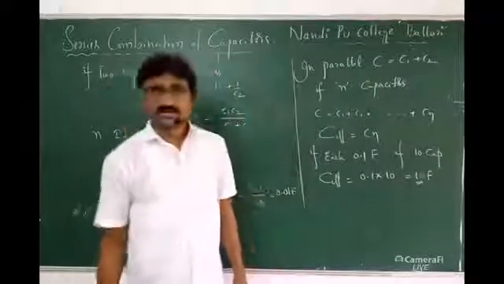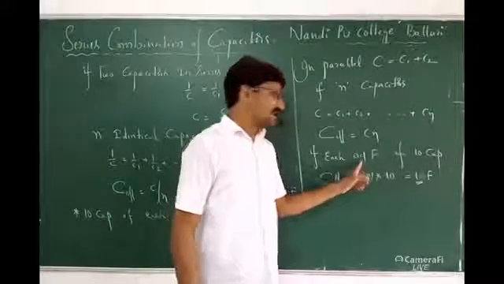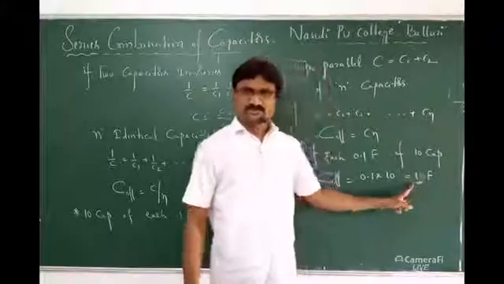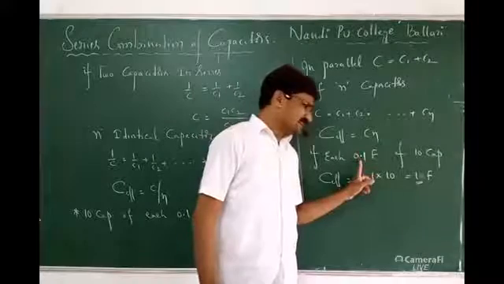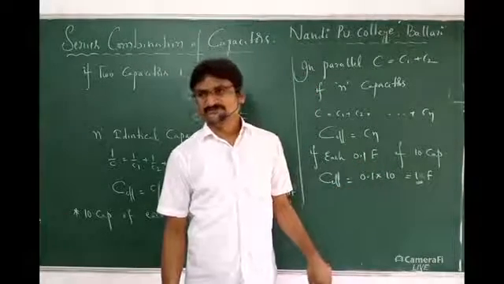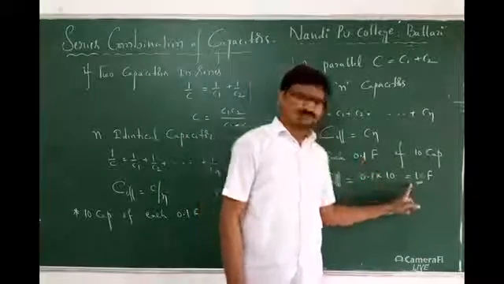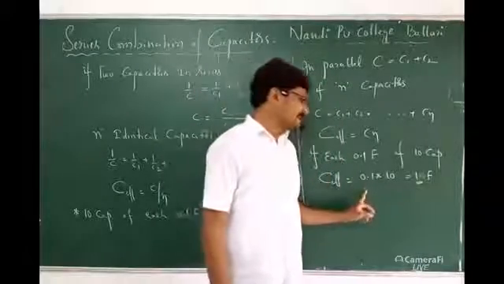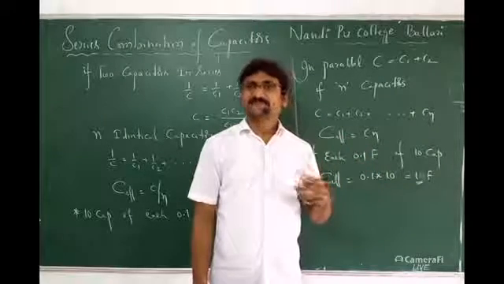So what can you understand? Each capacitance is 0.1, I have taken 10, and the effective value I get is 1. So the effective capacitance is always greater than the individual value. Individual value is 0.1 farad, total value is 1 farad. So I can take parallel combination whenever I require maximum capacitance.